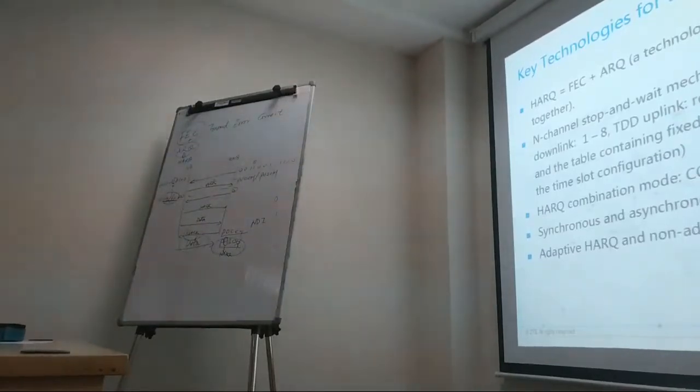So it's based on the eNodeB strategy, not based on the UE side. The UE cannot decide it, so the UE doesn't know whether you use adaptive or non-adaptive. So how to perform? The UE will always monitor the PDCCH. If there is a PDCCH for me, I will read the PDCCH.